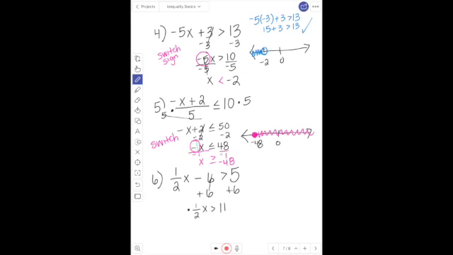So we're going to multiply by 2 over 1 because we have 1/2. So if we multiply by the reciprocal, my 2 and 1 cancels. So x is now greater than 22. So greater than, we're going to shade to the right. And we need an open circle because it's just greater than, it's not equal to.